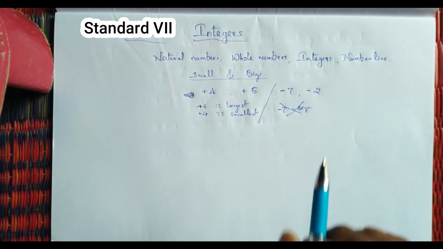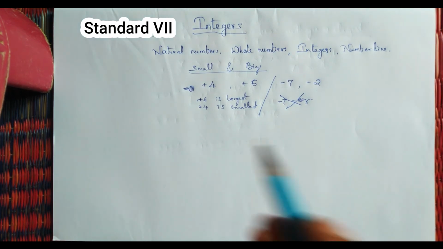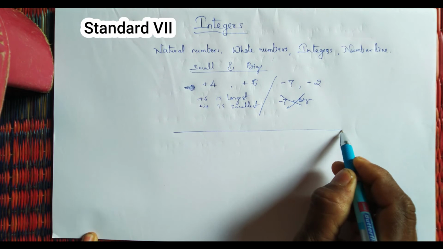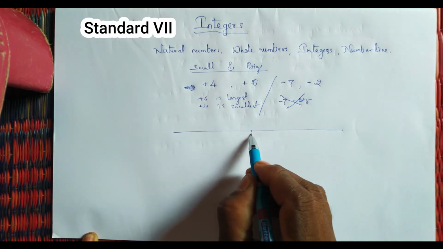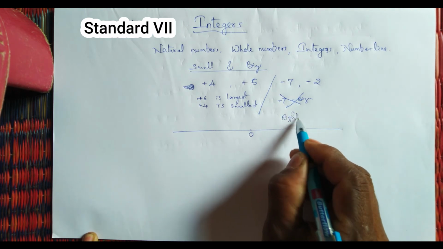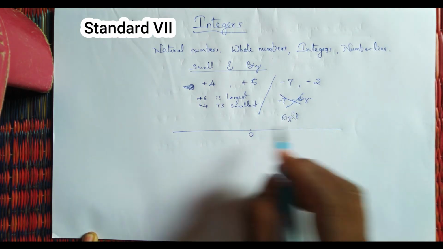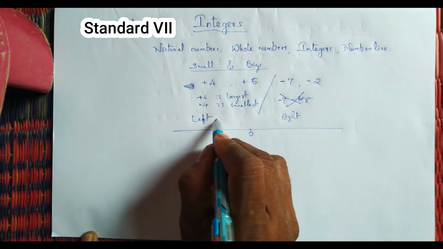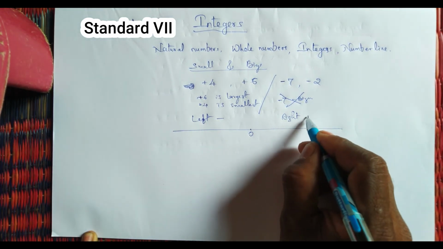Children, I will explain with the number line. In this number line you know very well, in between, 0 is present, and on the right side positive numbers and on the left side negative numbers are present.